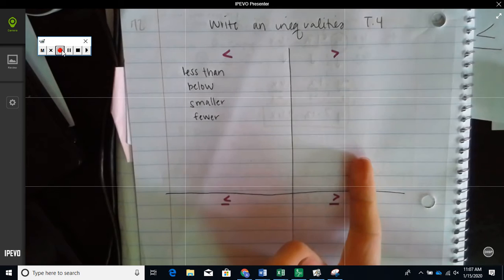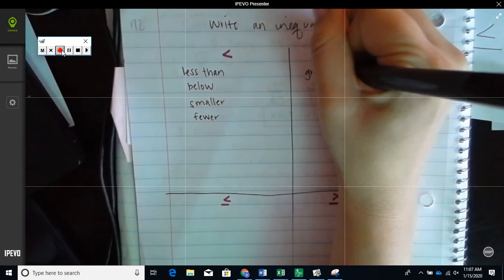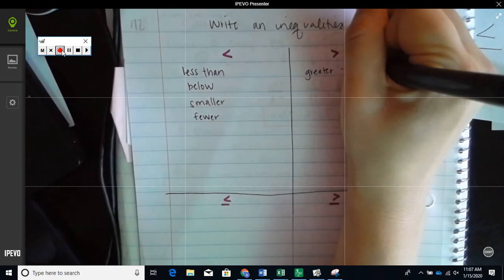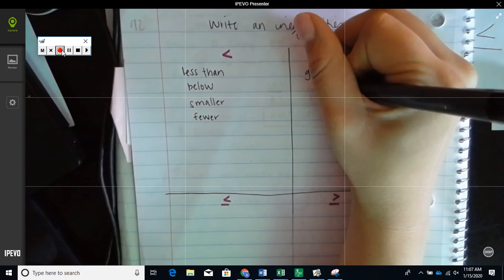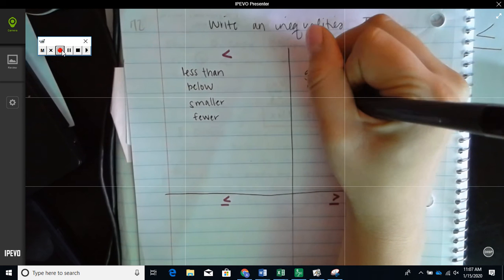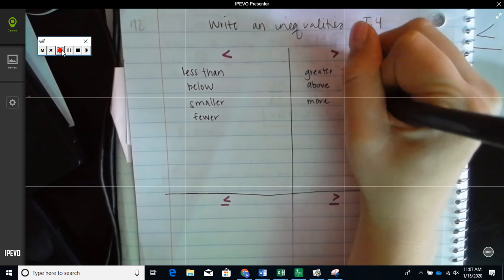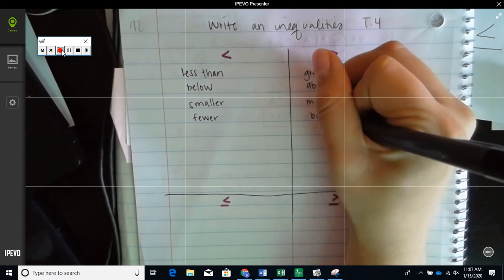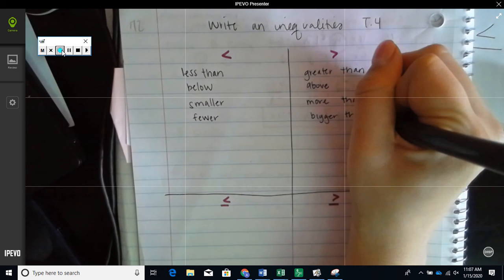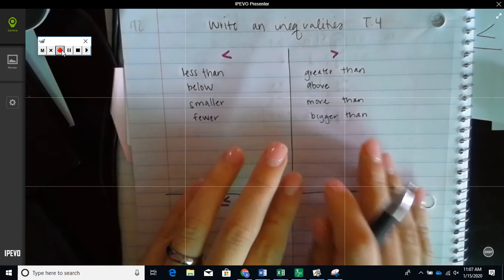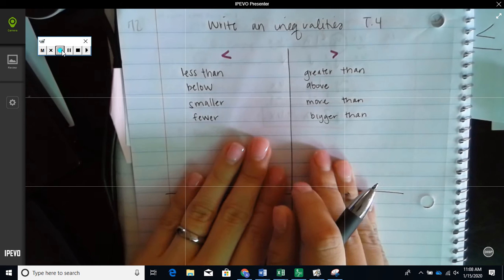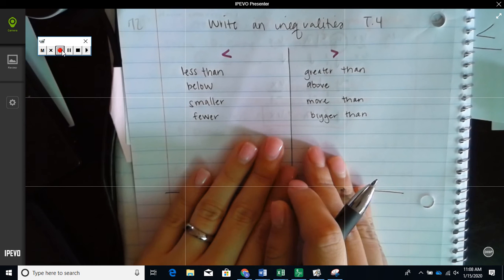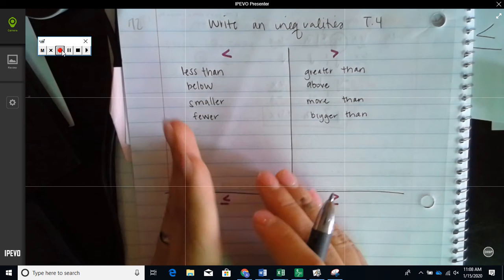This one means greater than. So anytime it's above something, it's more than something. It's bigger than. That's how we know the two differences. So these two hopefully will be clear when you read the problem if something needs to be more or less than.